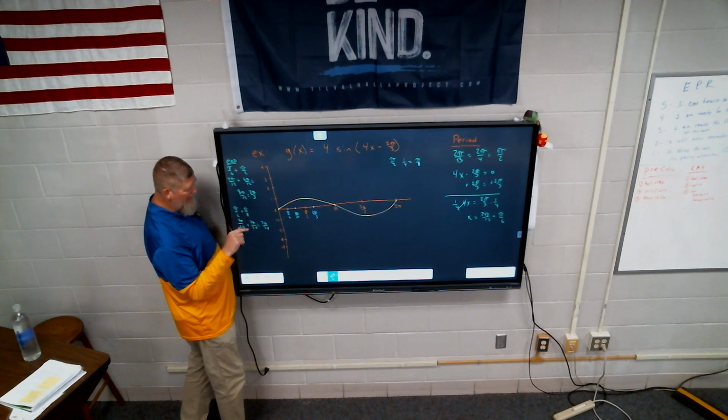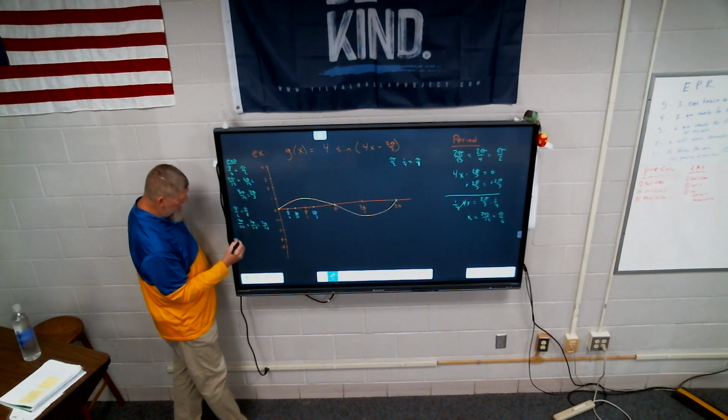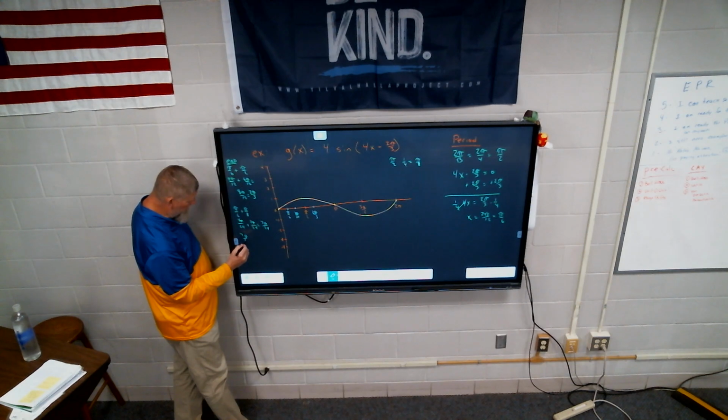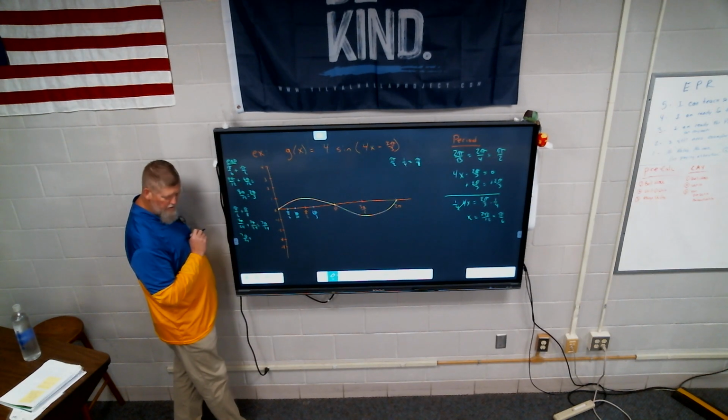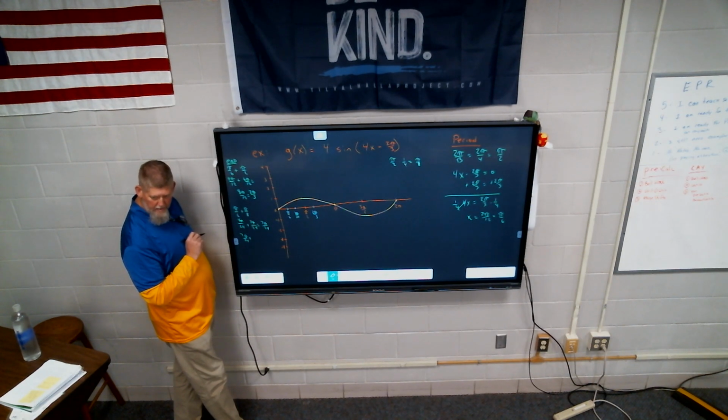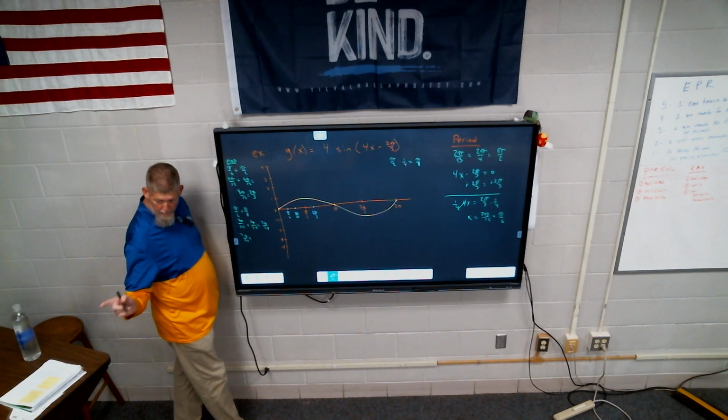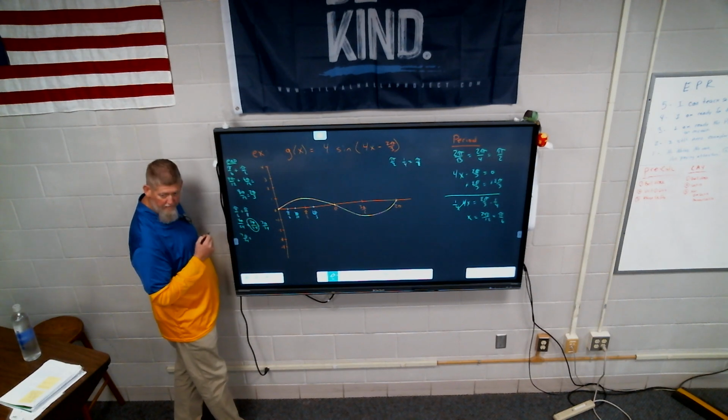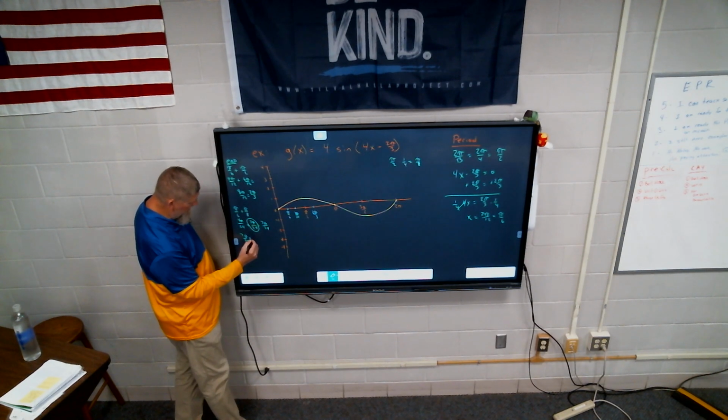How do I find the next point? Do the same thing. 7 pi over 24 plus, what am I adding to it? 1/8. So I'm going to do what Cordell did and just leave it with the 24, because that's 1/8, right? So add 3 pi over 24.